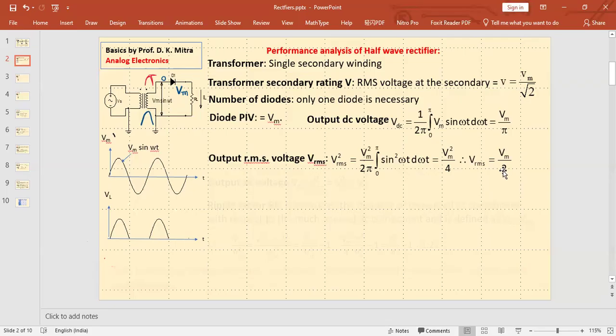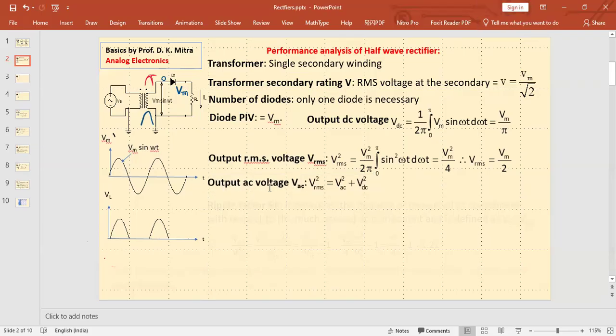You have to really remember these values: the half-wave rectifier RMS output is Vm by 2, whereas DC is Vm by pi. So obviously DC is less than the RMS, and the remaining value within the RMS is the AC content. Right?